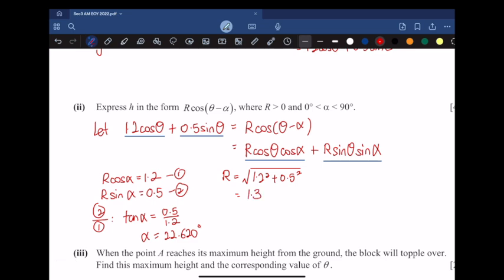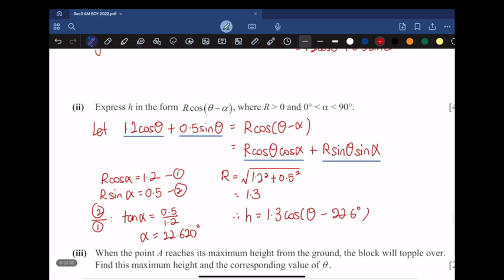So very simply, I can conclude that h is equal to 1.3 cosine theta minus alpha, with alpha to 1 decimal place being 22.6 degrees. And this is the answer for part 2.